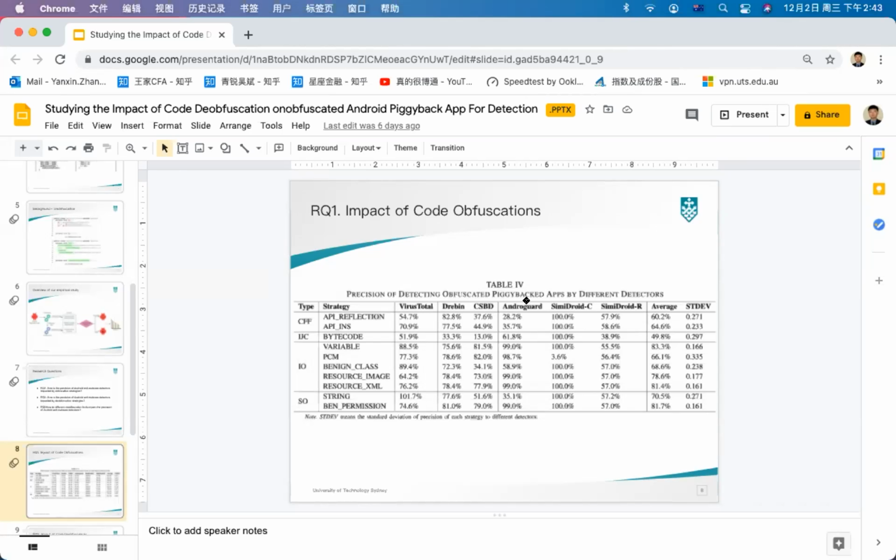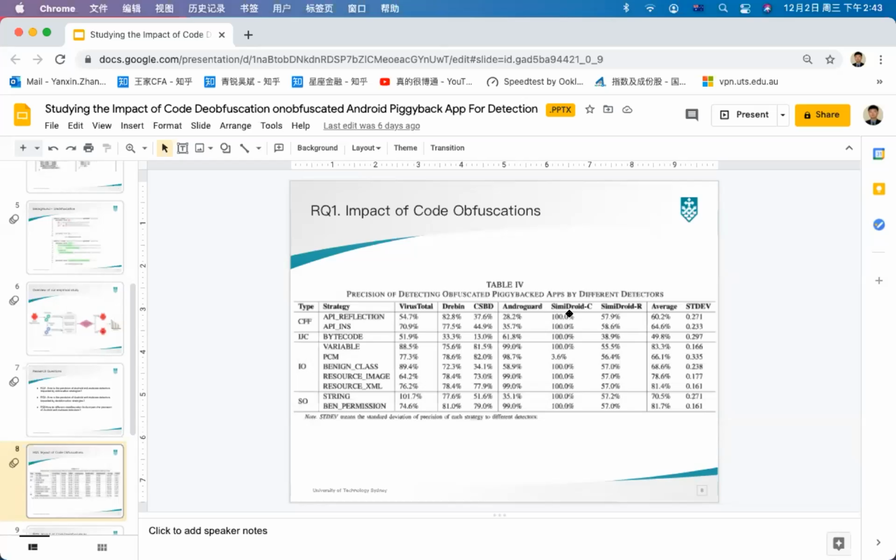Also AndroGuard and SimiDroid detect Android malware based on the similarity of two apps. If two apps have a very high similarity score, it means that one of the apps is malware because it is cloned from the other one.